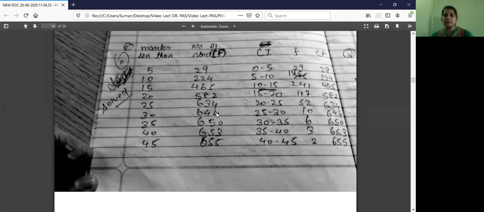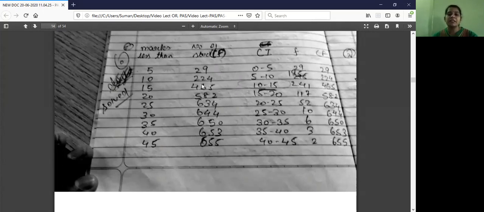Next is 644 minus 634. Next is 650 minus 644. Next is 653 minus 650, that means 3. And the last value is 655 minus 653, which is equal to 2. Okay, so this is the process.